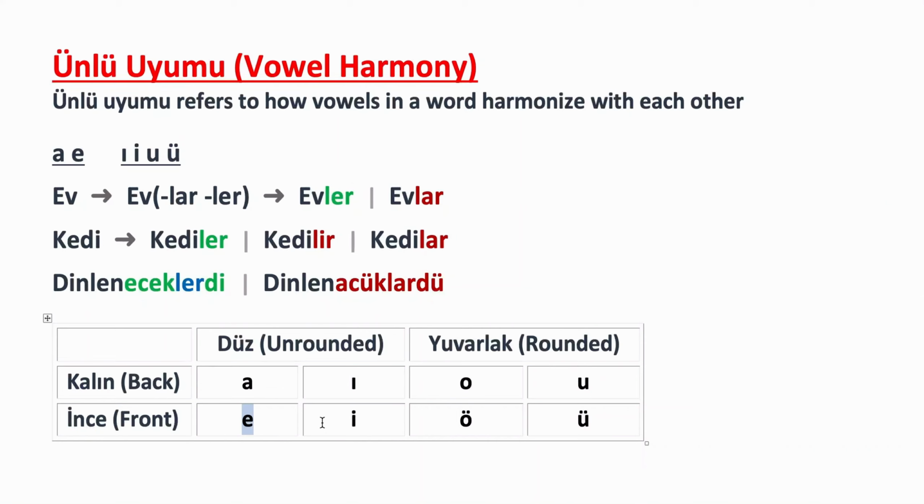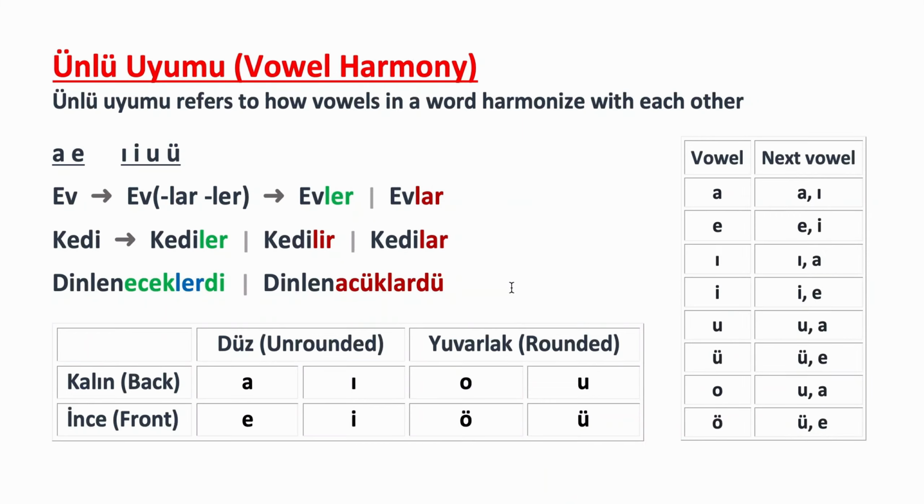Okay, now I'll introduce another table. This table shows how vowels harmonize. A wants the next vowel to be itself, but if it is not valid, then the closest sound ı. E wants itself or e. Ü wants itself or closest sound a. E wants itself or closest sound e.